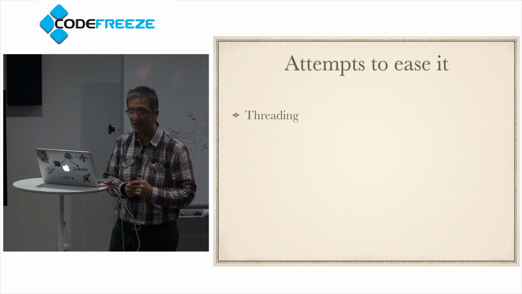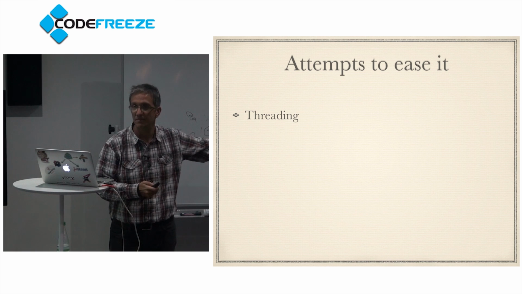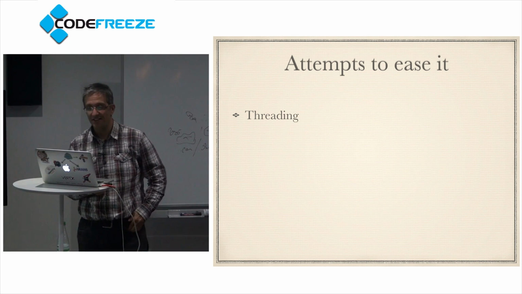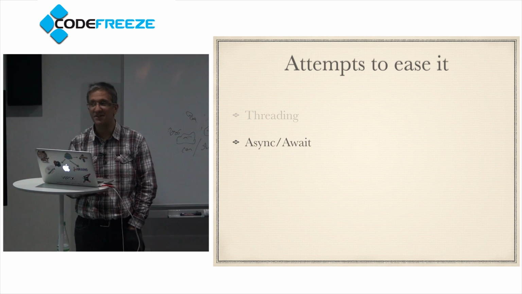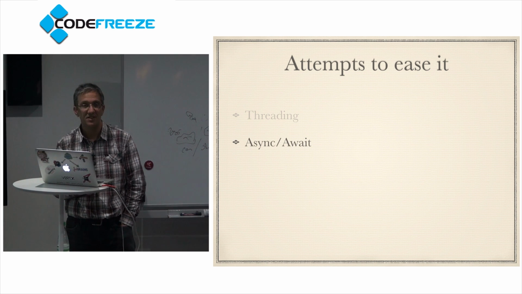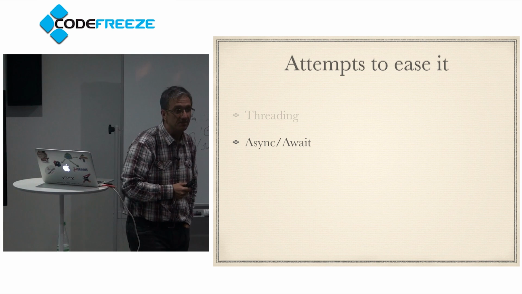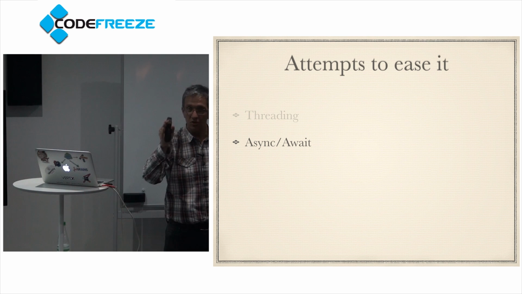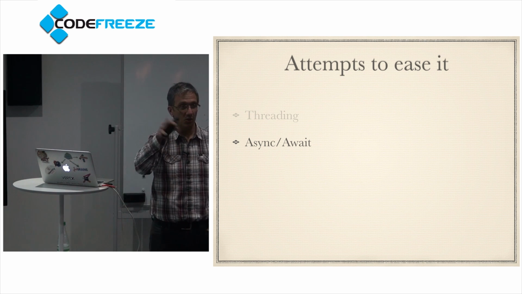Attempts to ease it. Threading. Who loves threading? Okay. Async await. Yeah. C# is beautiful. So C# has this thing called async await. Basically, any method that you want to be asynchronous, you put an async in front and then you await it.